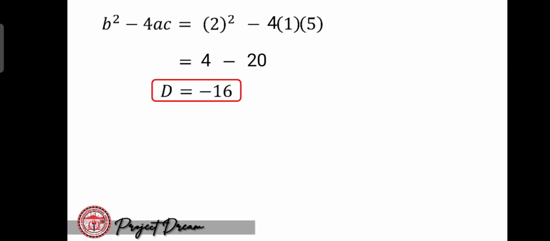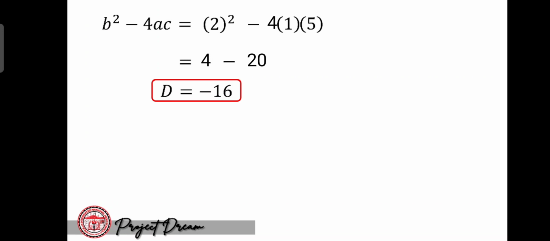Since the value of our discriminant is less than 0, because that is negative 16, right? Negative 16 is less than 0, but not a perfect square. So what do you think is the nature of the roots of the given quadratic equation?